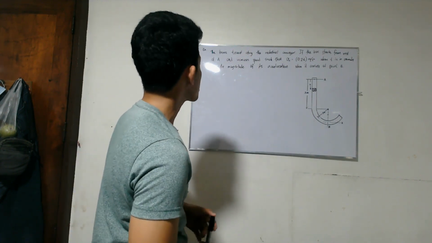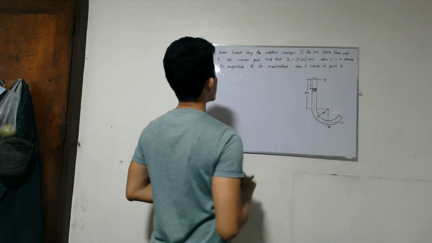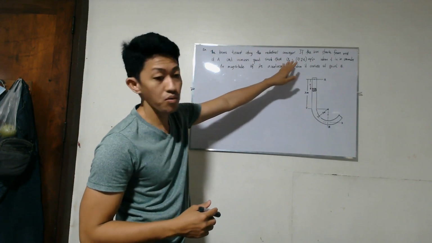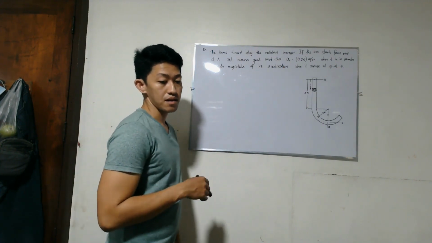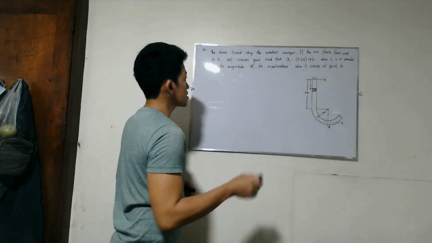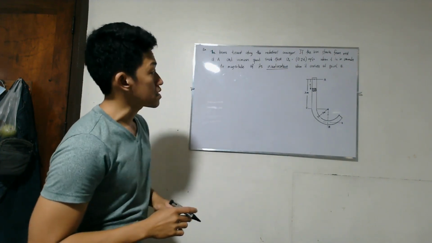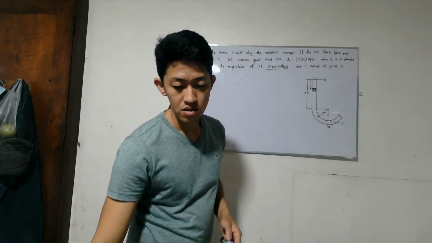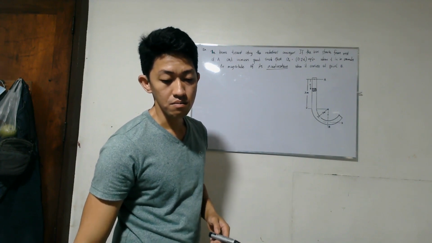If the box starts from rest at A, okay, so this is point A, and increases its speed such that the tangential component of acceleration is 0.2 times t meters per second squared, where t is in seconds. Determine the magnitude of its acceleration when it arrives at point B. Okay, so this is the point B. So we are asked to determine the magnitude only, no? Magnitude.